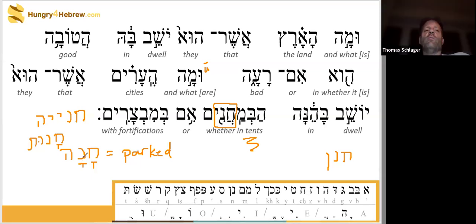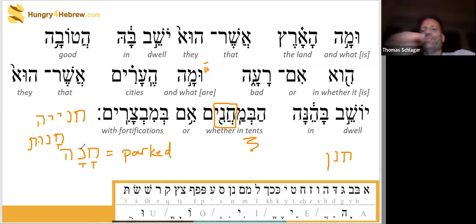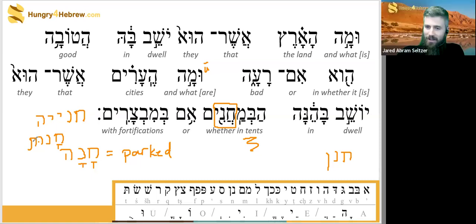Where you abandon your stuff. Remember that stores were originally people bringing their carts of wares and parking in the plaza to sell their wares. So the stores parked in order to sell. So it's a chanut. Brick and mortar stores are also called chanuyot, but it's all related. Camping, encampment, parking, store, it's all from the same root.